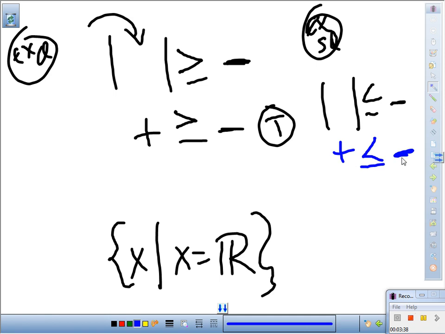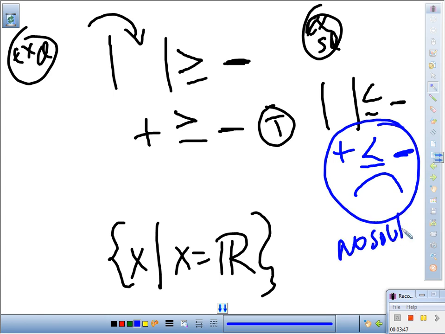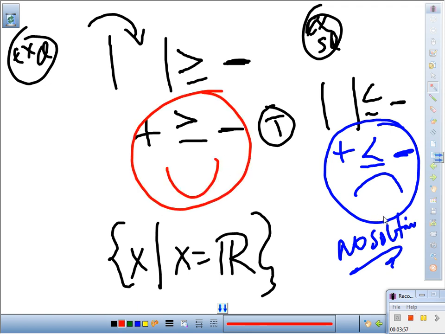Are positives less than negatives? No, that is not true. So therefore, what can we conclude on this one? No solution. So those are the only 2 special situations that we're going to encounter. If it's greater than a negative or less than a negative, those are the 2 special situations.